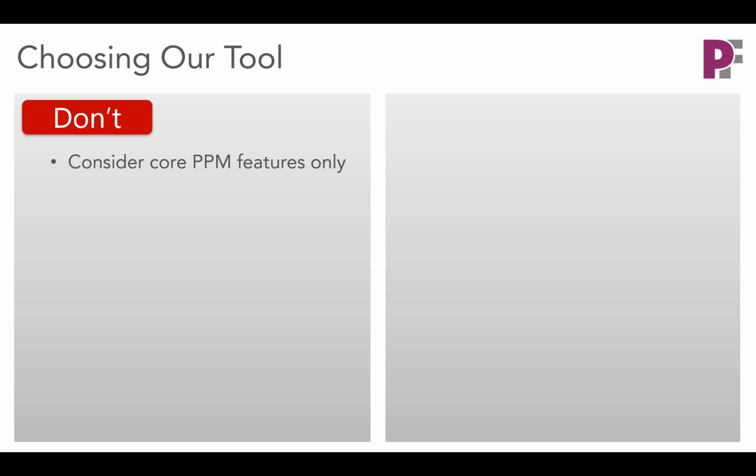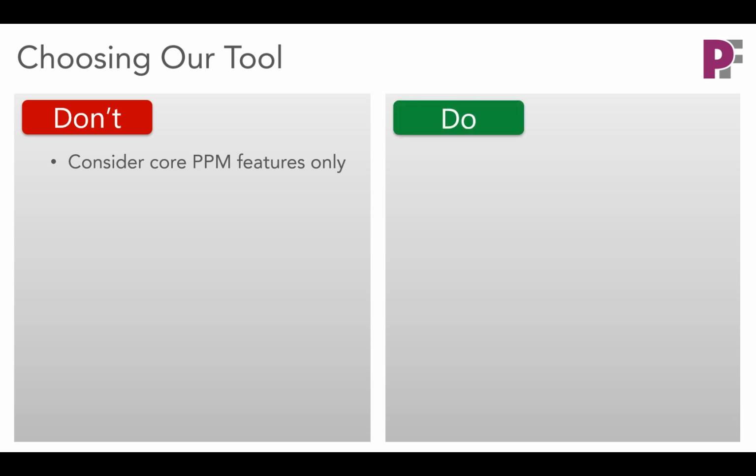Okay, a few hints for choosing your tool. One thing you might be tempted to do is really focus on core PPM features only. Maybe the sophisticated features that you need from the project scheduling engine, earned value, critical path, and so on.